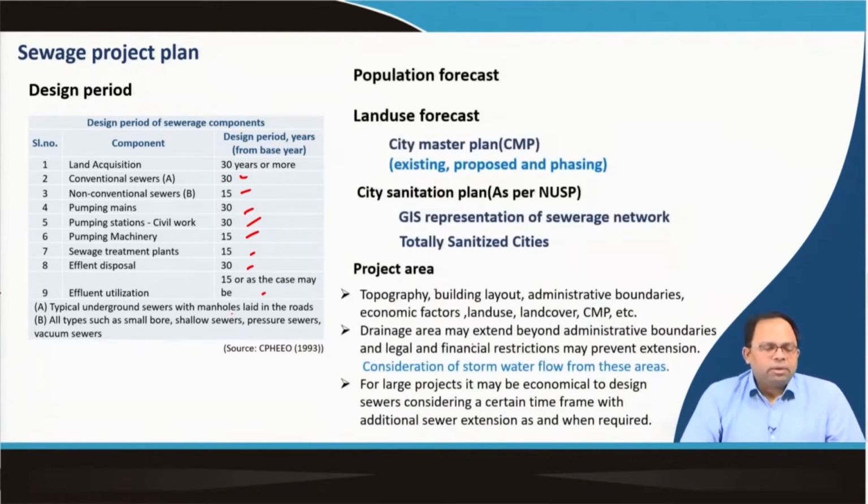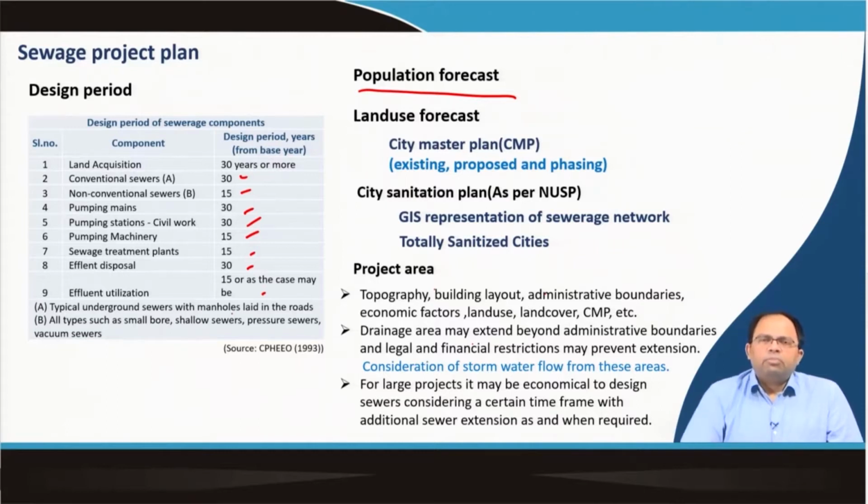Once we have decided on our design period for a particular infrastructure, before we prepare a sewage project for any kind of urban area, we need to understand the population forecast for that particular area. Because we are planning not only for today, we are planning for 30 years down the line.